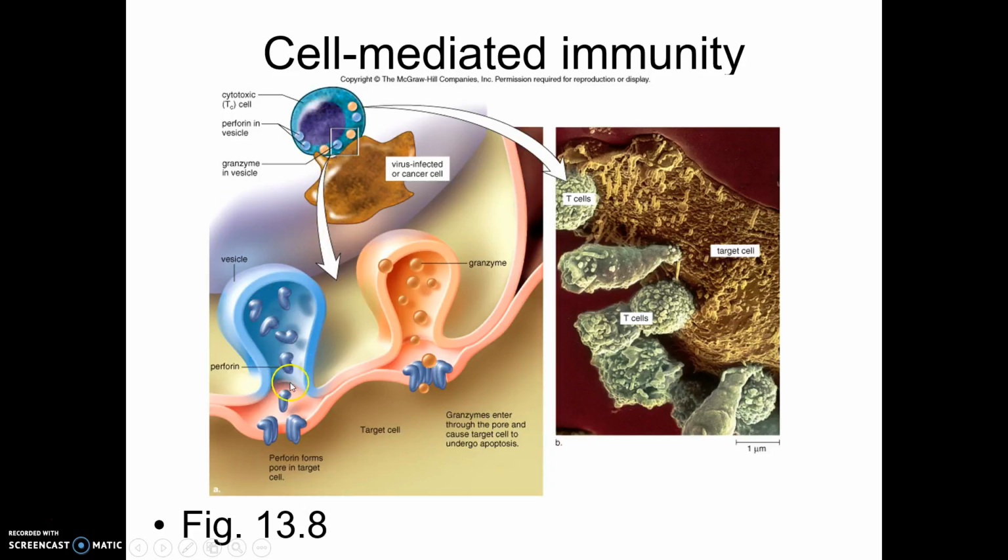We release the perforin molecules, we perforate the surface of the infected cell. After we perforate the surface, we can release different chemicals. One of the chemicals is called granzymes. We also have things called lymphotoxins. Perforating the surface can cause the cell to lyse if we perforate it enough. But more efficiently, we can trigger apoptosis, or cell suicide, of the cell we release the granzymes into.